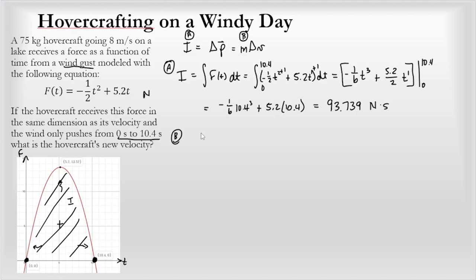So part B, now that we have the impulse, we can relate it to the initial and final velocities. We're going to note that the initial velocity is 8 meters per second and the mass is 75 kilograms. And I know the impulse, so the final velocity is going to be I divided by m, just a little bit of algebra here.